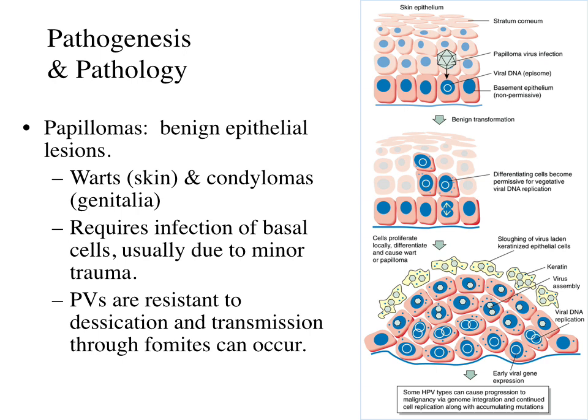But then once they've infected the cell, then you get DNA replication and ultimately movement and replication of the virus as the cell differentiates and moves to the surface, and the virus will eventually be sloughed off along with the dried, sloughed off cells. The papillomaviruses are resistant to desiccation, and transmission through fomites can occur.